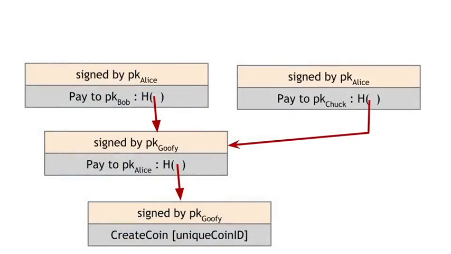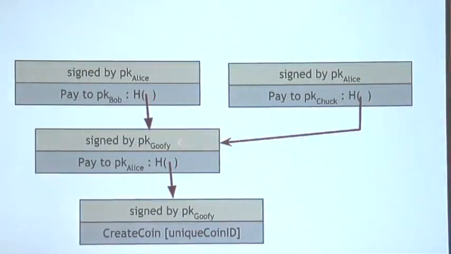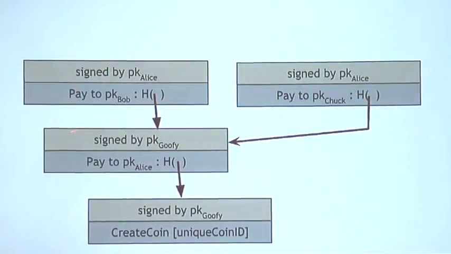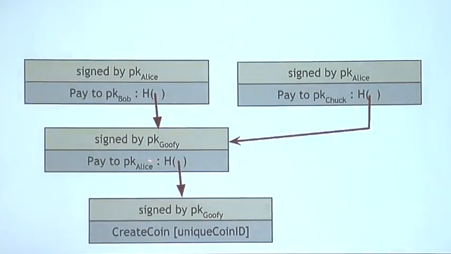All right. Now, there's a problem, though. There's a big security problem with Goofy Coin, and we can see it in this structure here. So look at this coin here. This is the coin that Goofy made and then paid to Alice. Alice was the owner of that coin, and there's a problem. Alice paid this coin on to Bob, but now Alice makes another data structure like this, which pays to Chuck the very same coin.